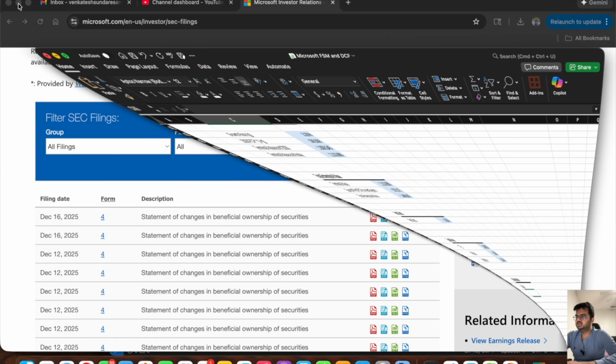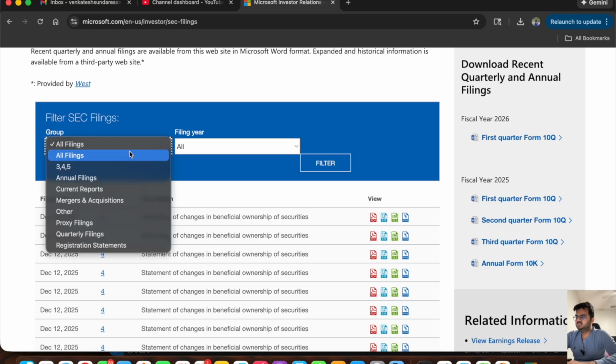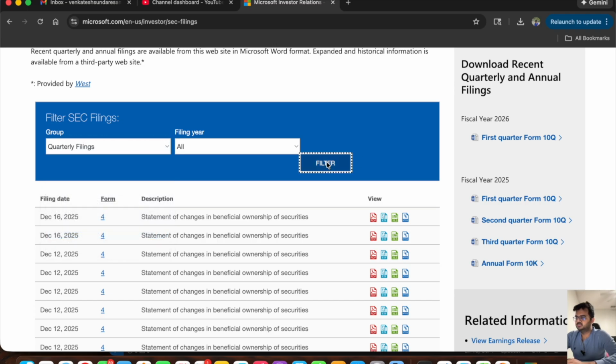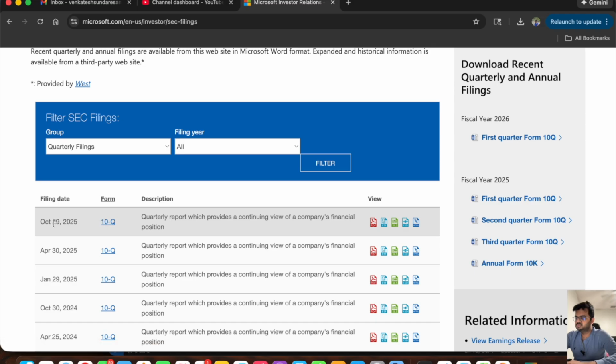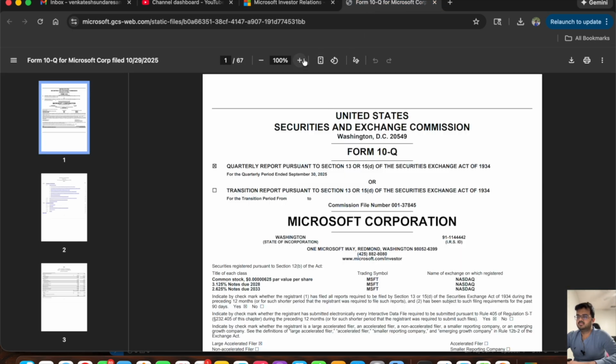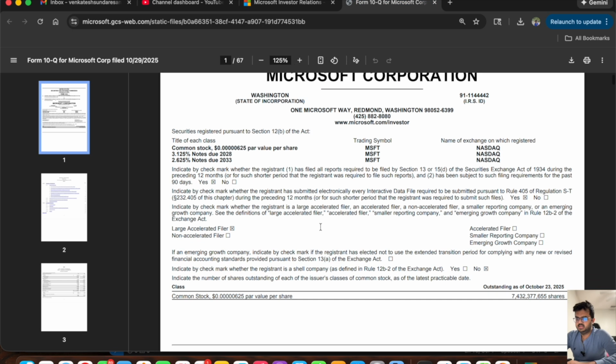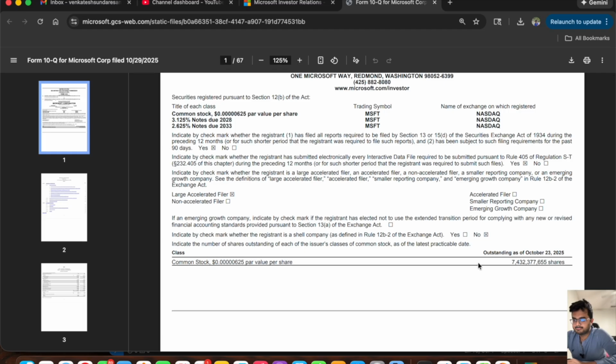So I will go to the Microsoft SEC filings and get the most recent quarterly report. The most recent quarterly report was filed on October 29, 2025. I'll open this. If you go to the very first page, in the very last line, you could see the outstanding shares as of October 23, 2025. This is the most recent date available from Microsoft. So I'll get this number.